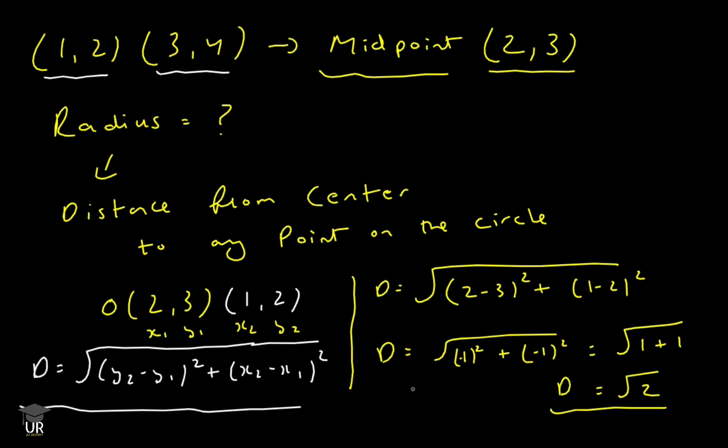So that means my radius has to be under root 2. Now we can also verify this using the coordinate 3, 4.